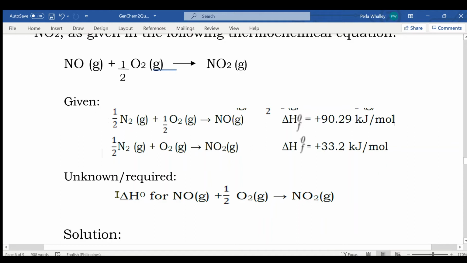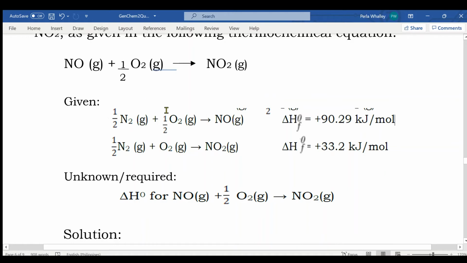So, the required equation has the nitrogen oxide gas on the reactant side, and also 1/2 mole of oxygen gas. So we need nitrogen oxide on the reactant side, which is why we need to reverse it.